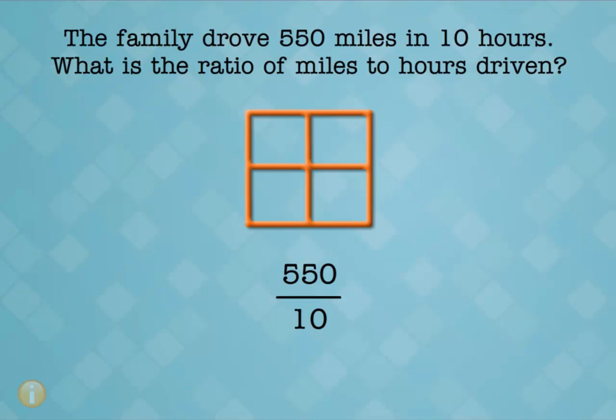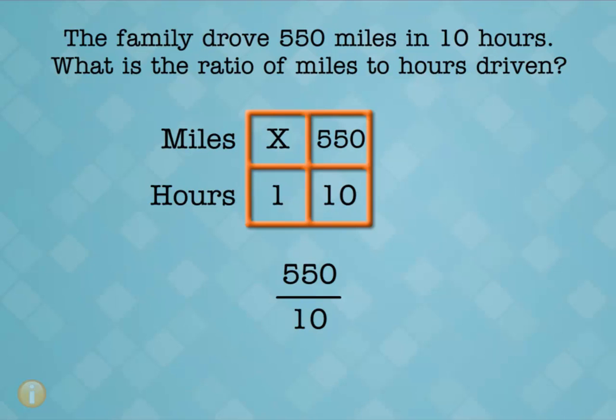First, we enter 1 and label it hours, since we want to know how many miles they drive in 1 hour. We label the box hours. We don't know how many miles are driven in 1 hour, so we enter an X here. We know that in 10 hours, they drove 550 miles. When we solve, we find that they drove 55 miles in 1 hour. So the ratio of miles to hours driven is 55 to 1.